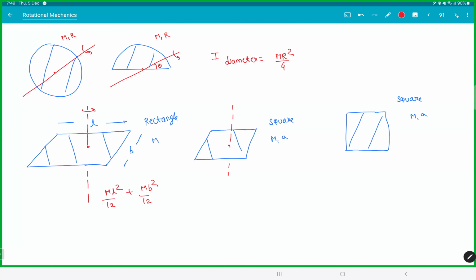Again, axis perpendicular to the plane, ma square by 6. About a line passing through the center at any angle, ma square by 12. This is axis in plane.